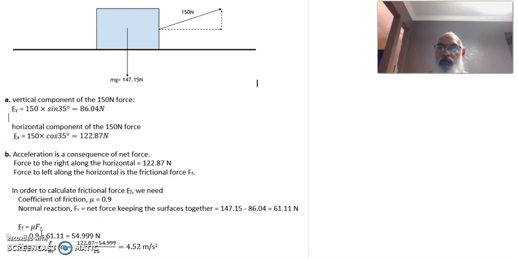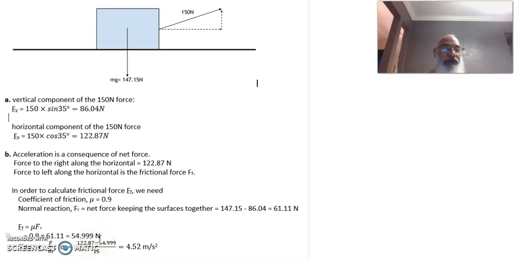That downward force is holding the box on the surface, and that therefore is the normal reaction, or at least the magnitude of the normal reaction. So for frictional force, mu is given as 0.9, and the normal reaction is 61.11. Solving that, we come out to 54.999 newtons.